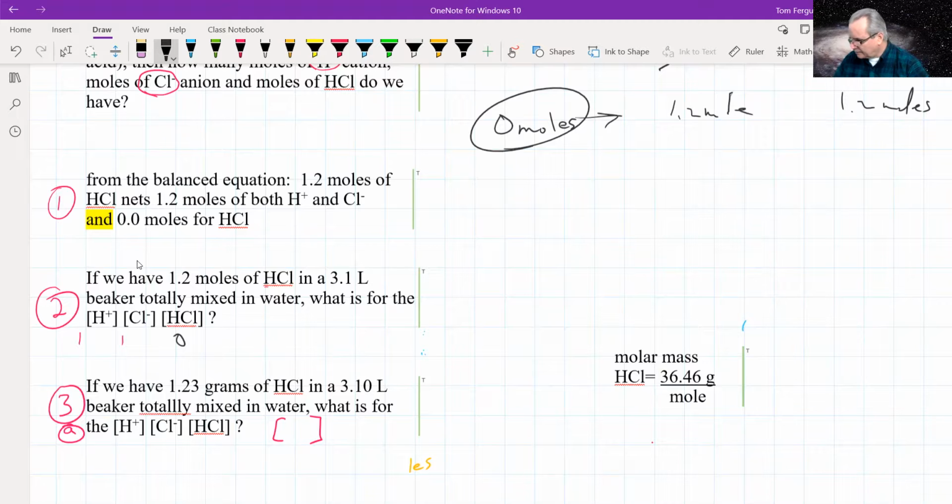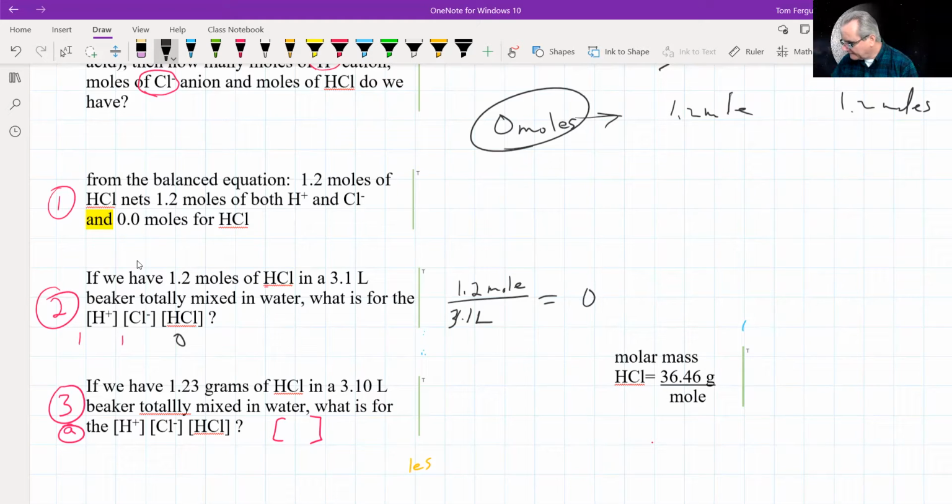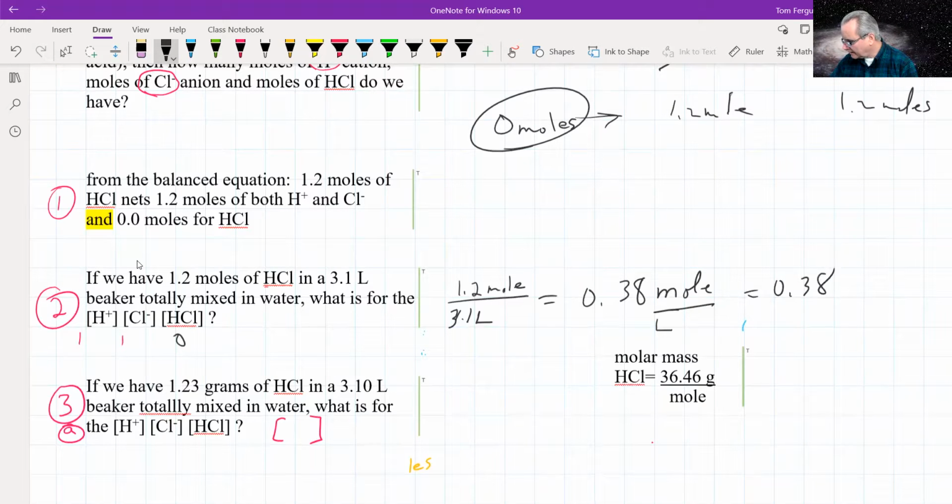Okay, so that would be, all right, that's going to be moles per liter, or molarity.